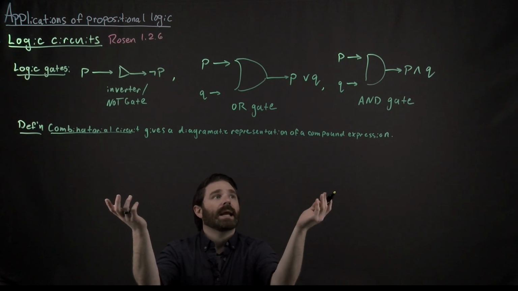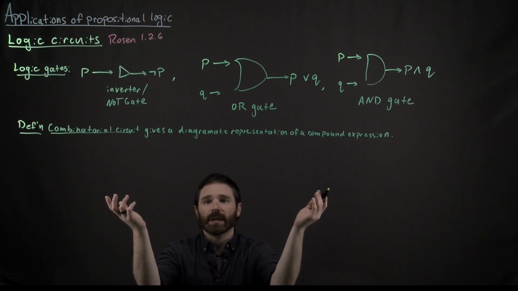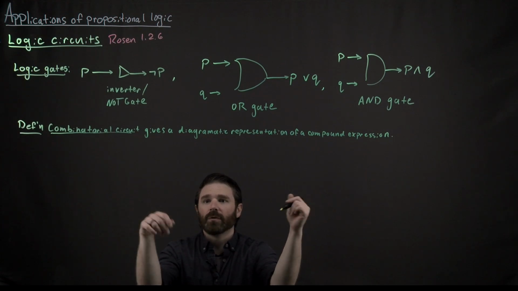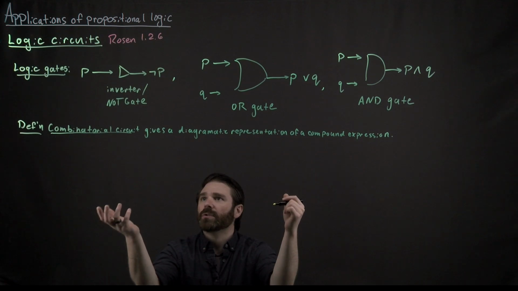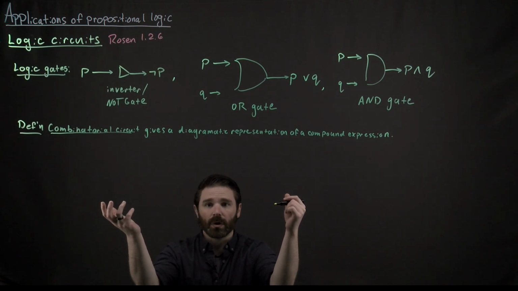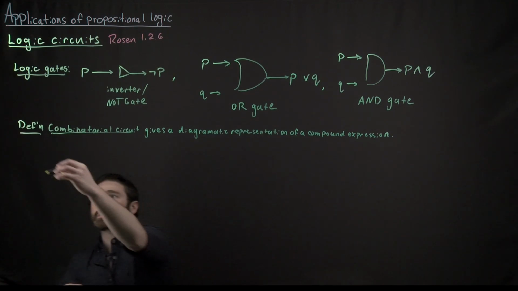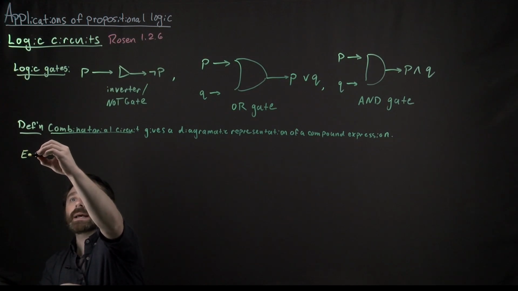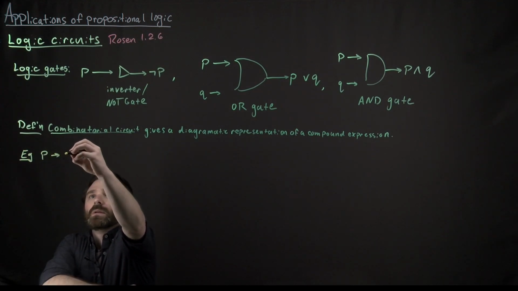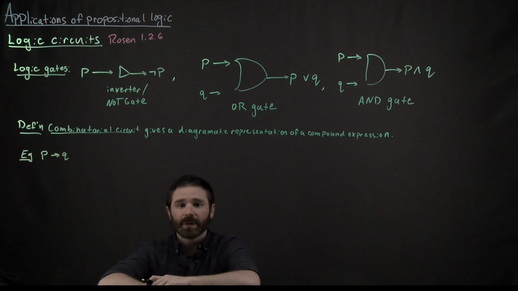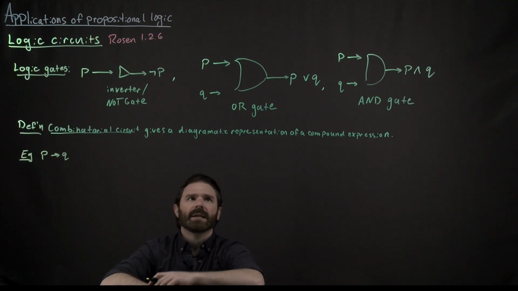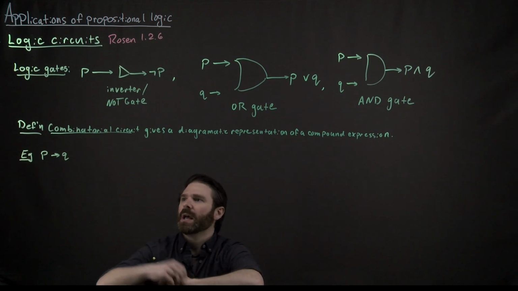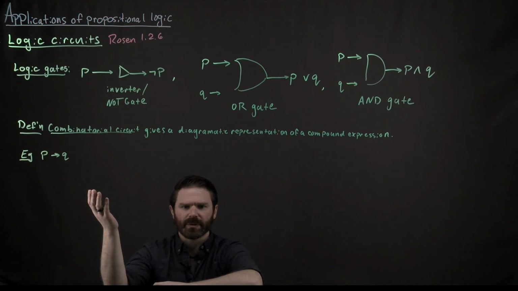So let's go ahead and try to figure out a few examples of this. So, for example, we could try to figure out what is the combinatorial circuit for implication. So if you wanted to look at P implies Q, how could we write a combinatorial circuit to give us a diagrammatic representation of this particular compound expression right here?